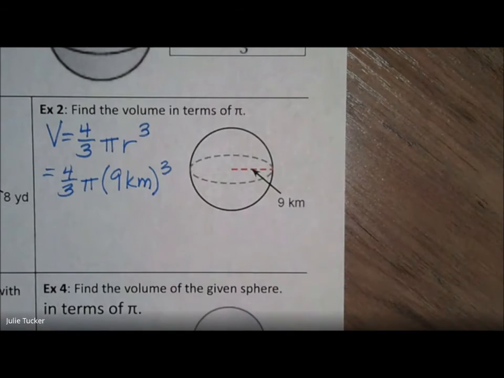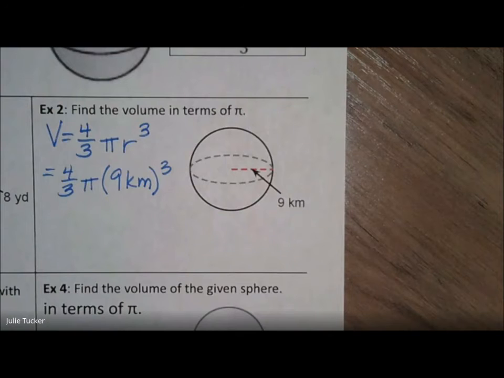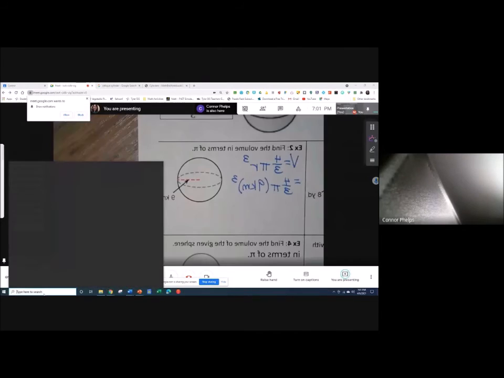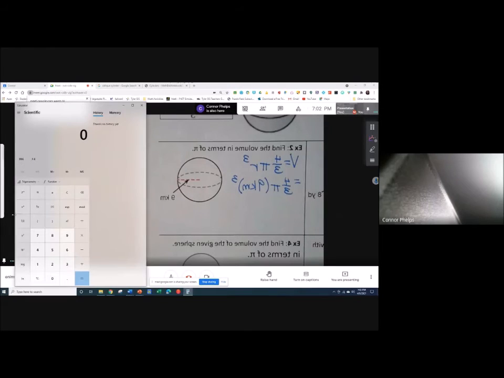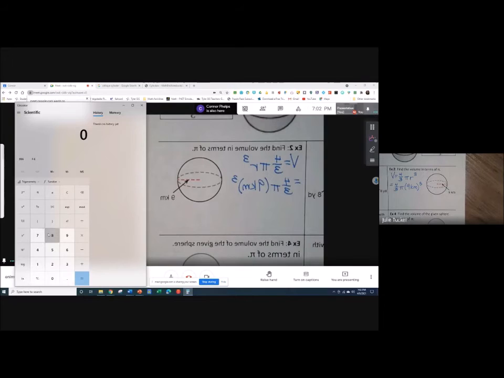Well, goodness. I'm going to present my screen really quick because I want to show you how you could do that on a calculator because it has a fraction in it. Okay, so we have to do 4/3, right? So to get 4/3, you can do 4 divided by 3 equals, and there's your 4/3, 1.3 repeating.